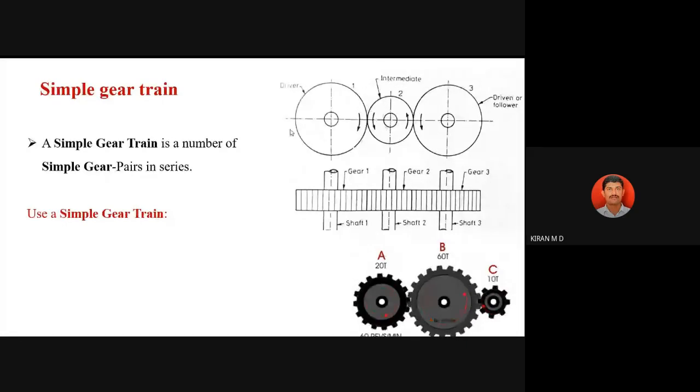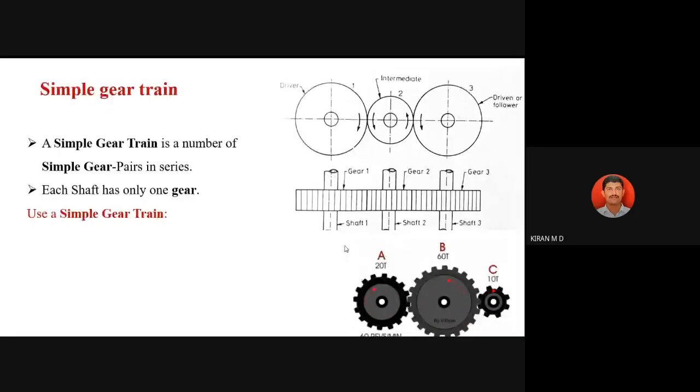We may use two or three intermediate gears. This is the first shaft, this is another shaft, this is the third shaft. Each shaft consists of only one gear.